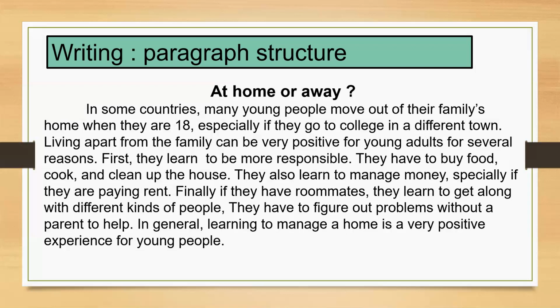They also learn to manage money, especially if they are paying rent. Finally, if they have roommates, they learn to get along with different kinds of people. They have to figure out problems without a parent to help. In general, learning to manage a home is a very positive experience for young people.